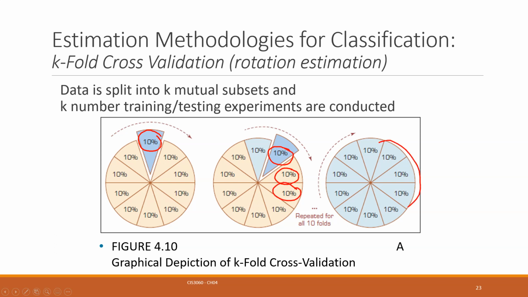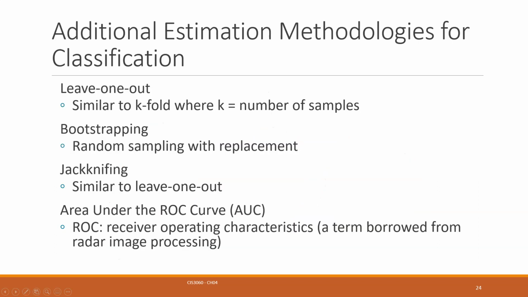And as it goes through all of your data, then you can use the summation of all of your results for validation. That's another way of being able to cross-validate our classification models, right?